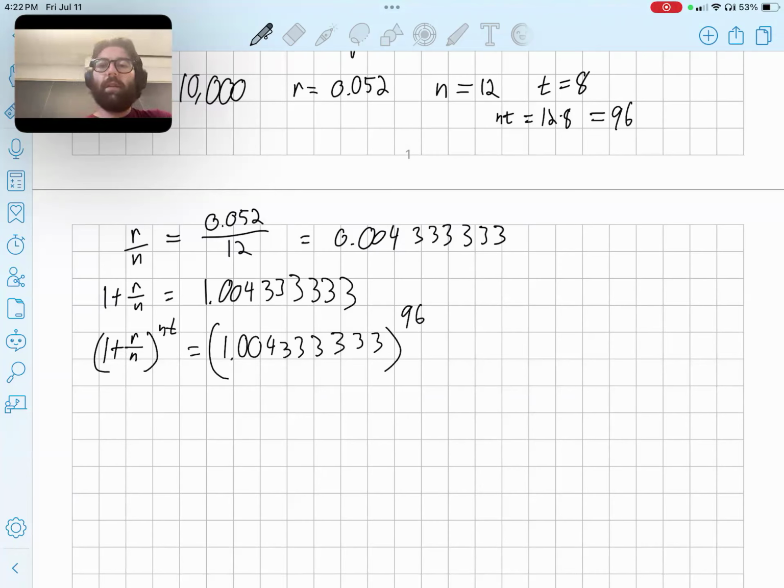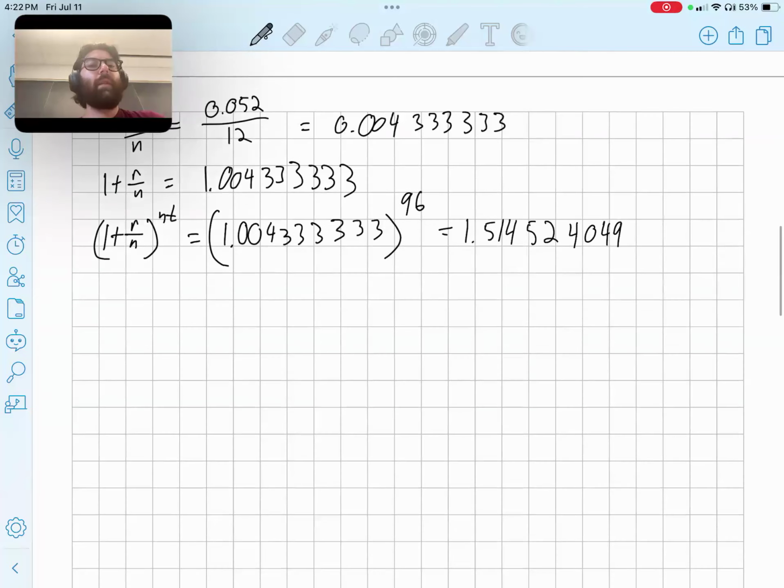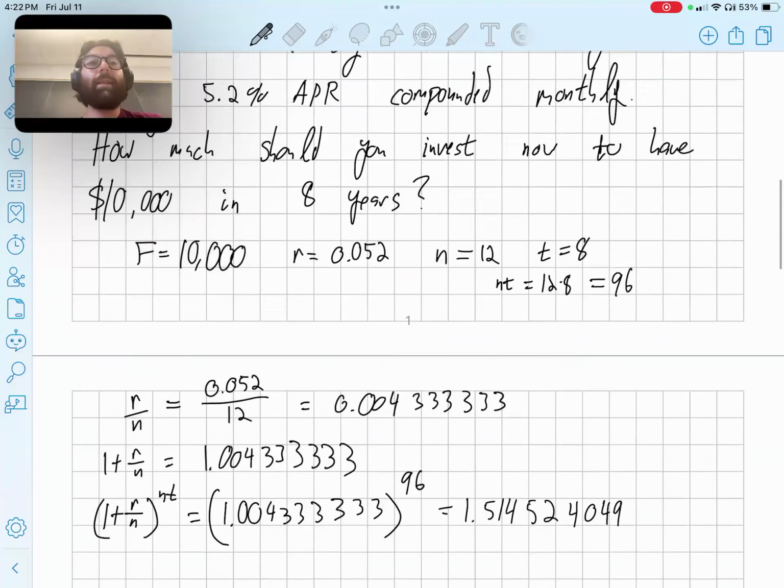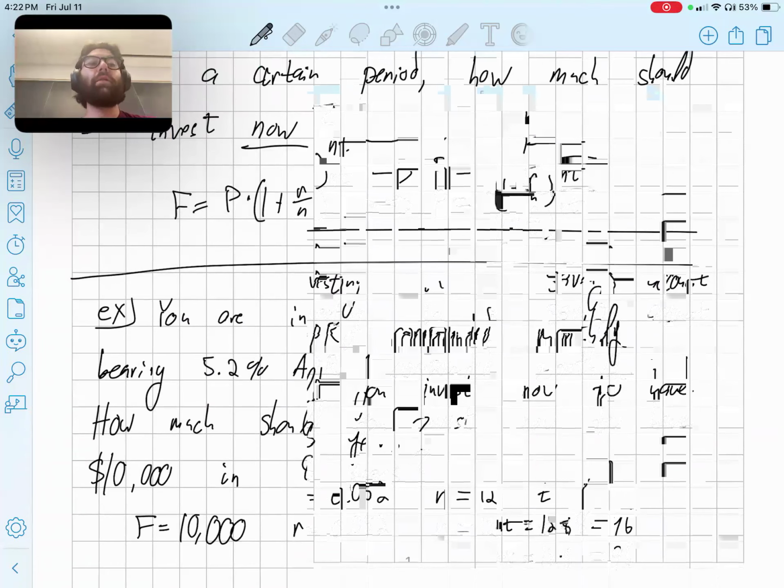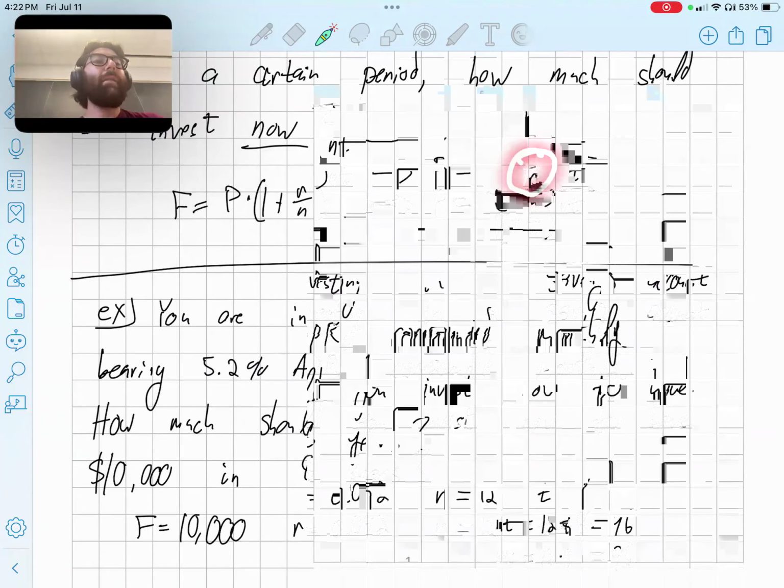Putting that into my calculator, we get 1.514524.049. And then finally, instead of multiplying this by P, which is what we do to find the future value, we're going to take F and divide it by this number.